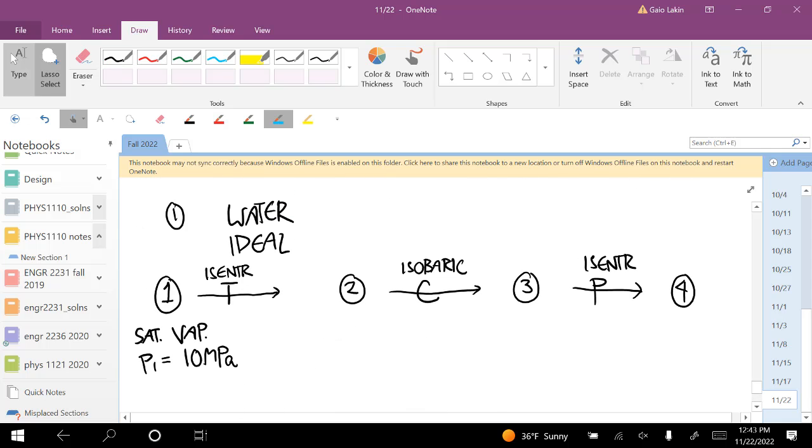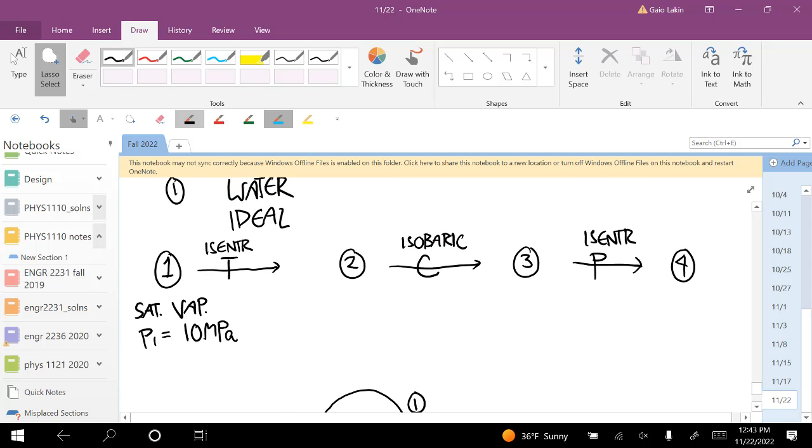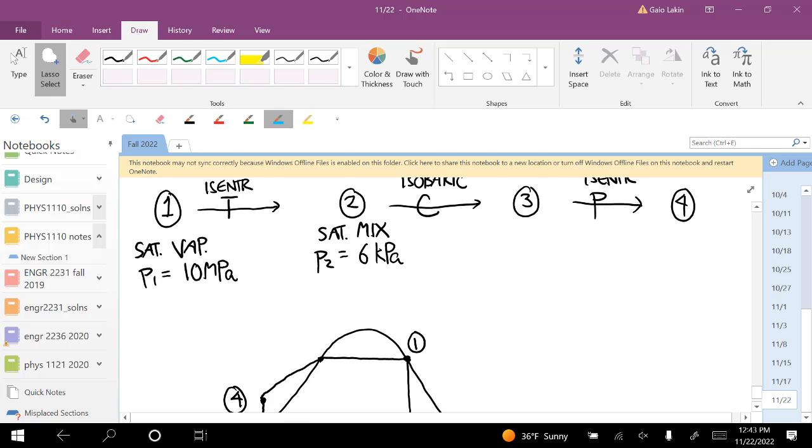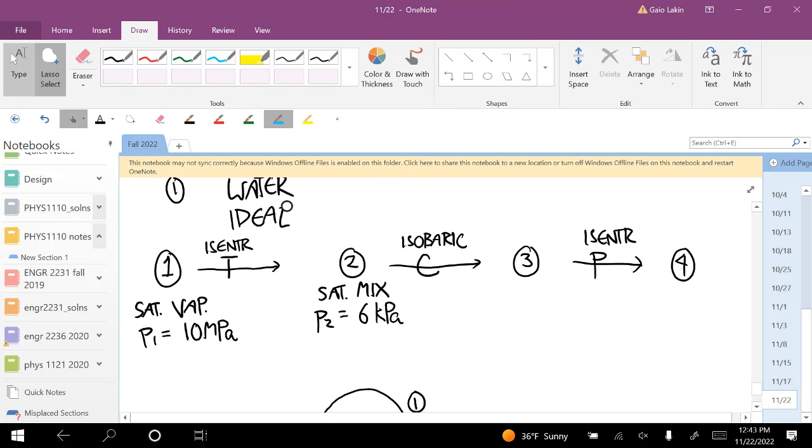Okay, so state 1, it's a saturated vapor. State 2, it's a saturated mixture of vapor and liquid. And we know that the pressure P2, that's given, and it's 6 kilopascals. At state 3, it's a saturated liquid.